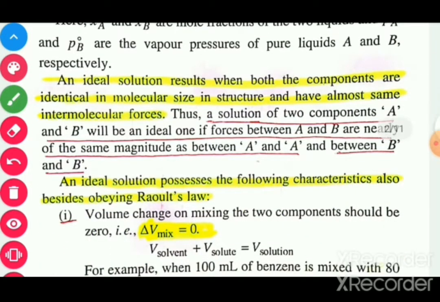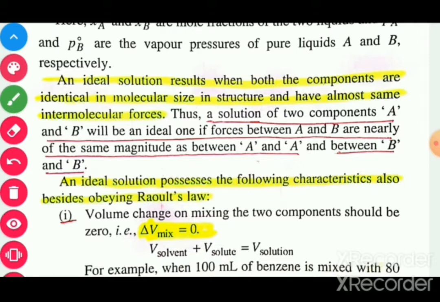An ideal solution results when both the components are identical in molecular size and structure, and have almost the same intermolecular forces. Here we will study binary solutions, therefore two components are taken.